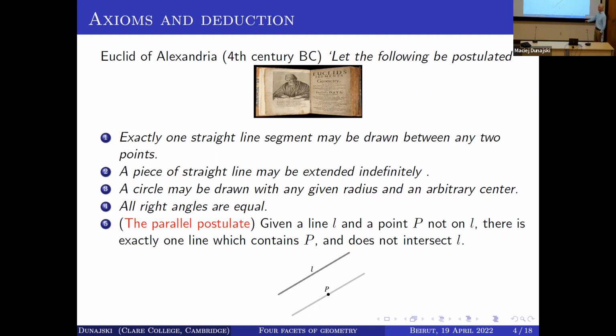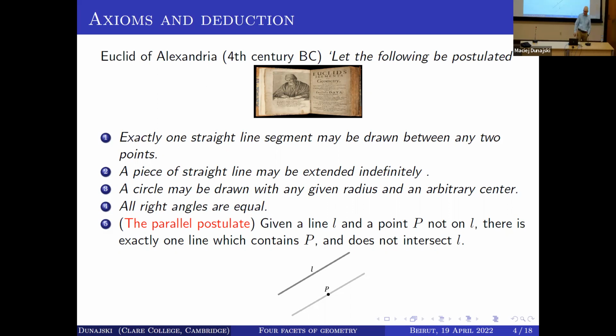It was suspected from the very beginning of the subject, geometry, that this 5th axiom, the parallel postulate, is actually not independent, but follows from the first 4. Many philosophers and mathematicians, since the time of Euclid, tried to deduce the last one from the first 4.